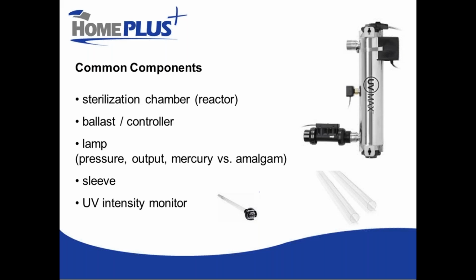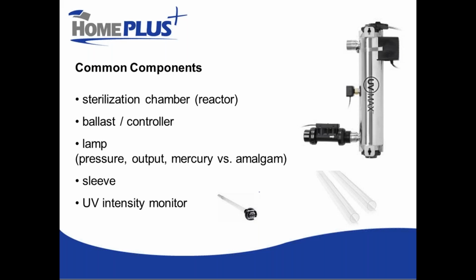So for instance, if you put a lamp in a UV Max Pro system from Trojan Technologies that was a standard output lamp, it would only put out about 1/4 of the UV intensity of the amalgam lamp that normally goes with that system.